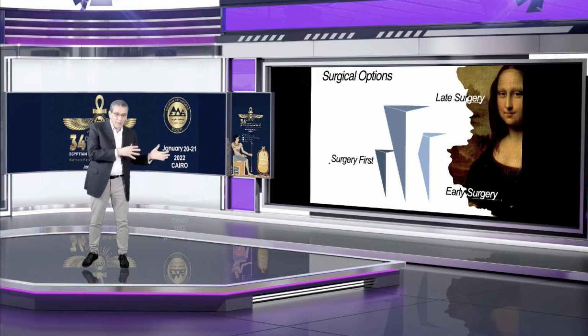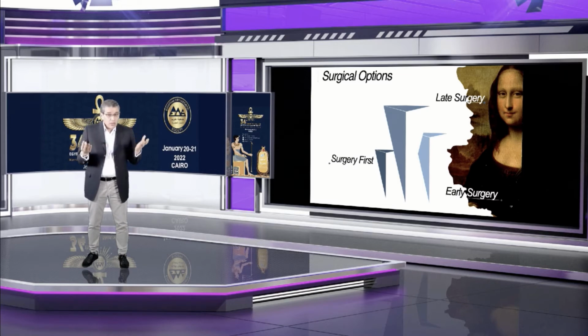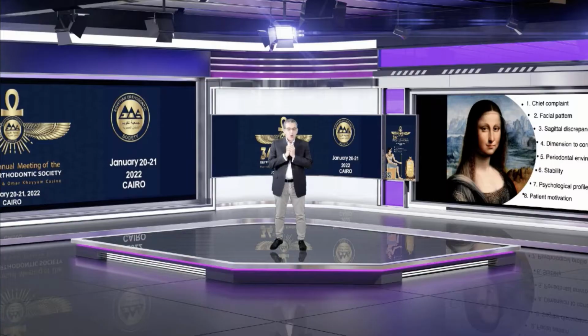So we need to decompensate, especially when we have a vertical decompensation to do. Late surgery, this is the most important surgery we indicate in our patients. And early surgery, it's the surgery we can indicate when we need, for example, to do an expansion.